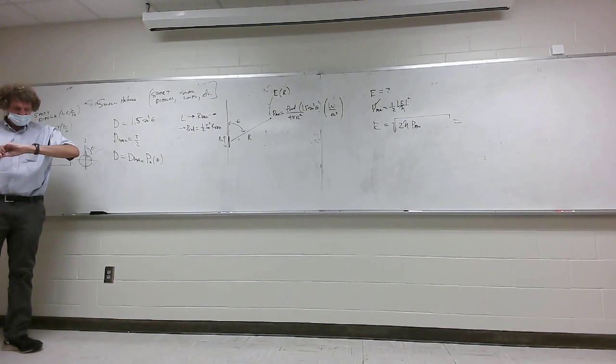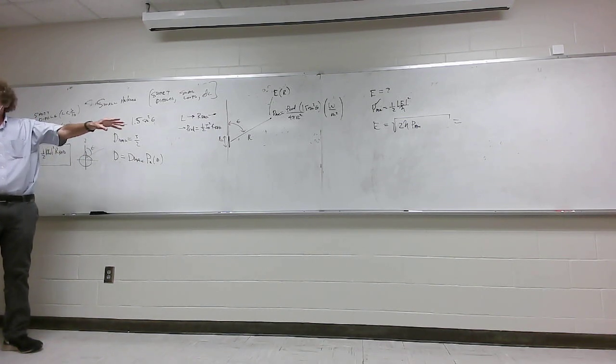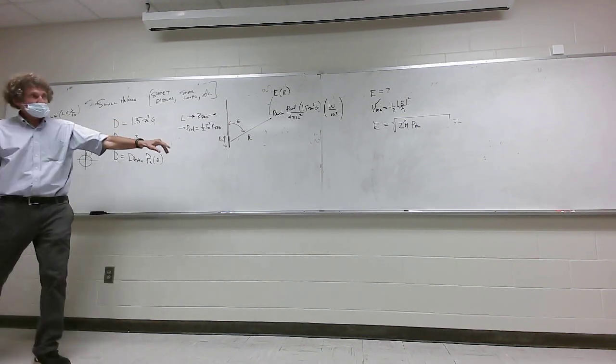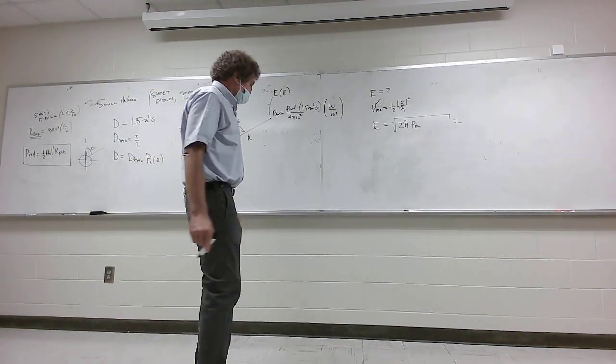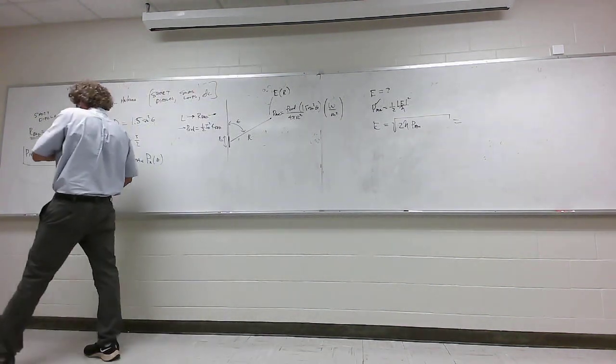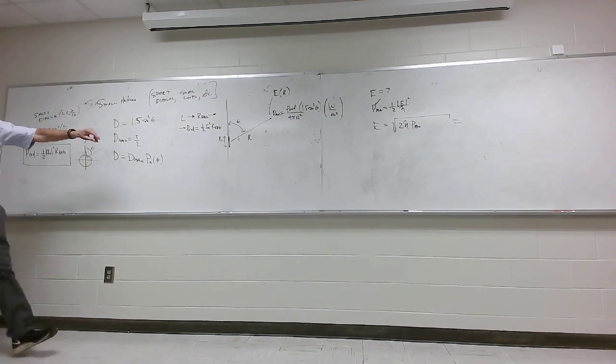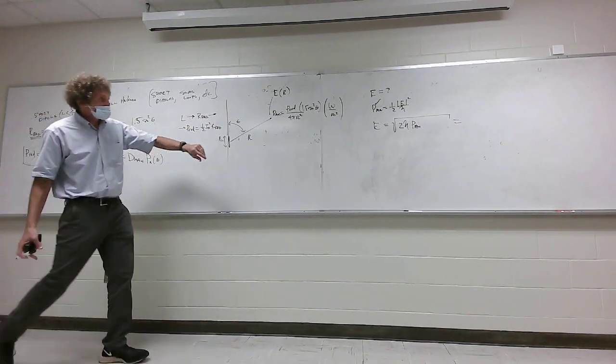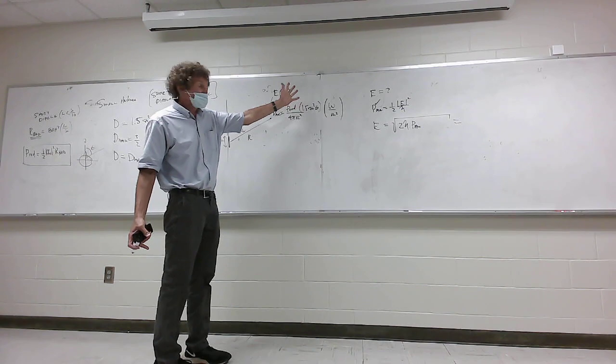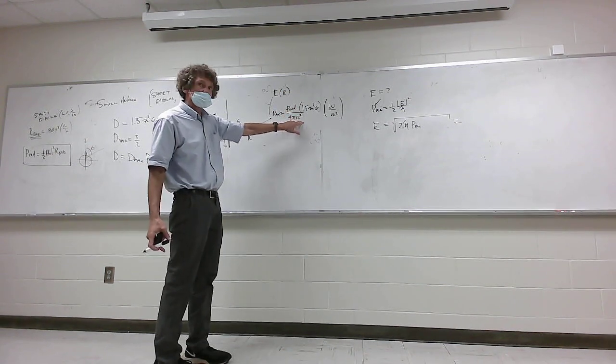Now, that right there, that's the E field. This is really for short dipoles or small loops. In a nutshell, the key thing is find the power radiated, and then go right to this equation, where you take the total power radiated over 4 pi r squared.